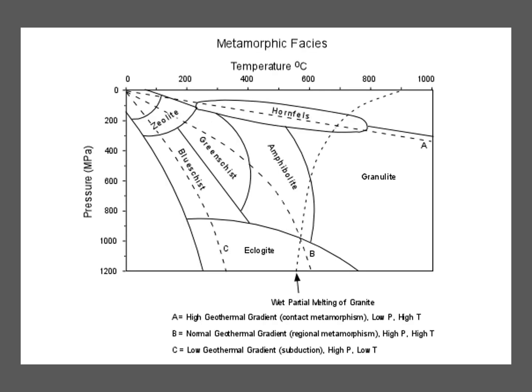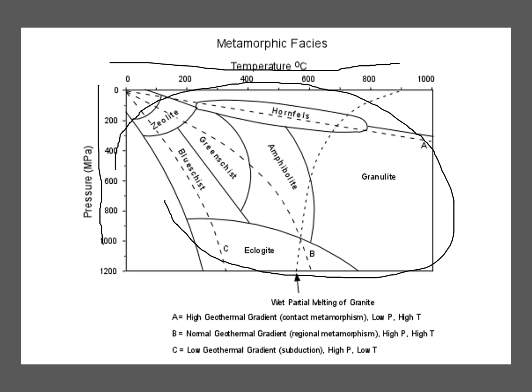So here is an example of the plotted pressures on the y-axis and temperatures on the x-axis, and the resulting facies that occur along these types of pressure and temperature conditions. For example, zeolite facies occurs in low temperature and low pressure areas, while eclogite facies are in moderate temperatures but higher pressure areas, and so on and so forth.